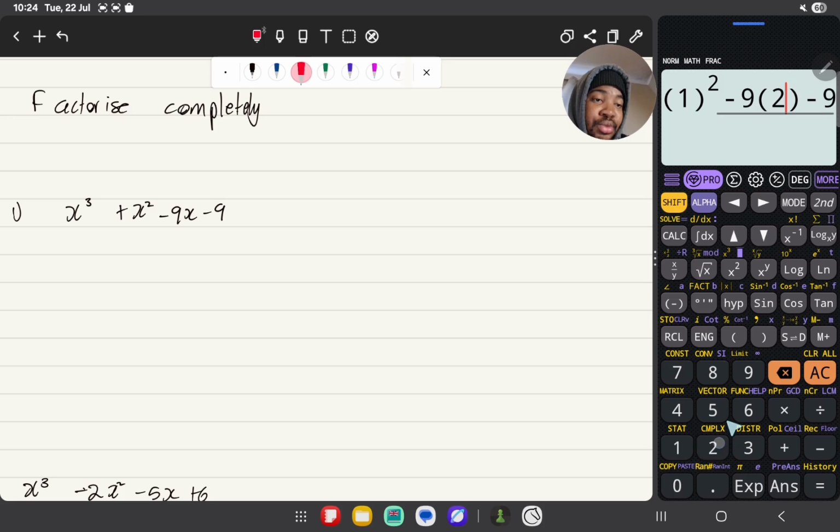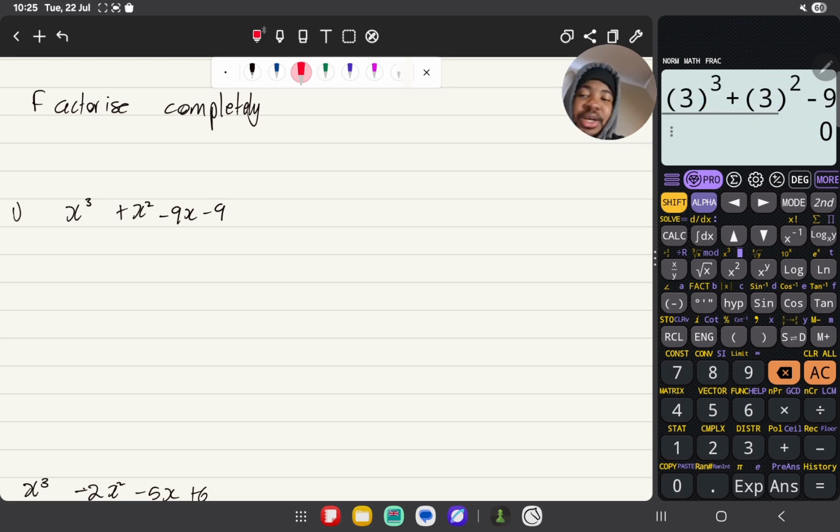Let's test 2. 2 is not a factor. I'm going to try 3. If it doesn't work, I'll go to the negatives. Yeah, 3 works.